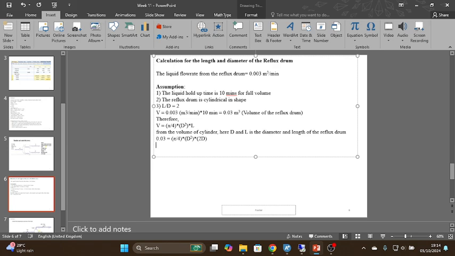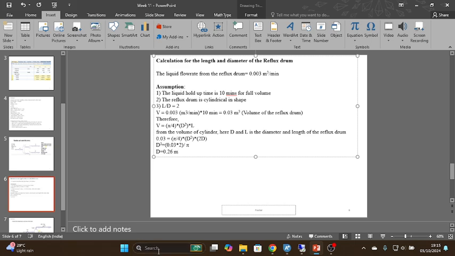So on calculating d from here, we are going to get d cube as 0.03 into 2 divided by pi. So d will be equal to 0.26 meter.